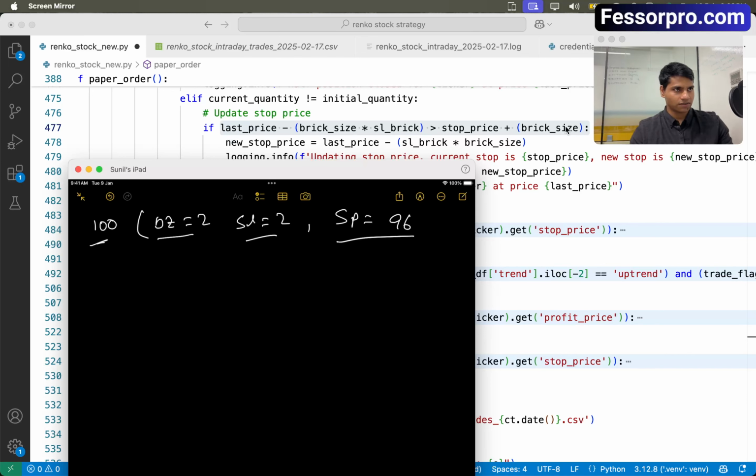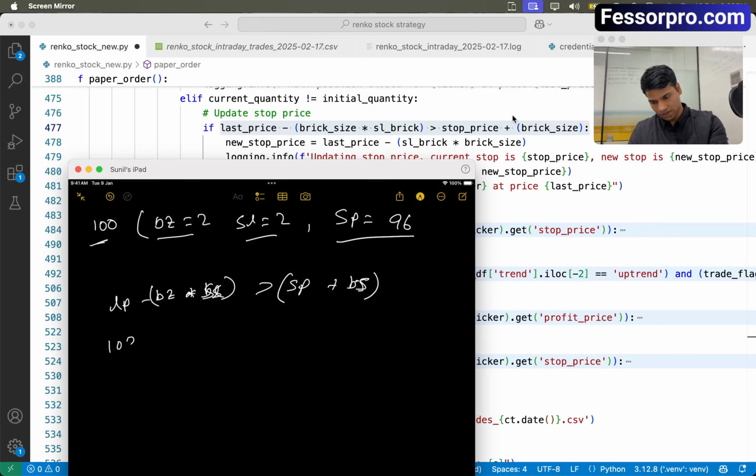Now I'll write the formula that I've written: last price minus SL brick into brick size is greater than stop price plus brick size. Last price I'm saying is 103.